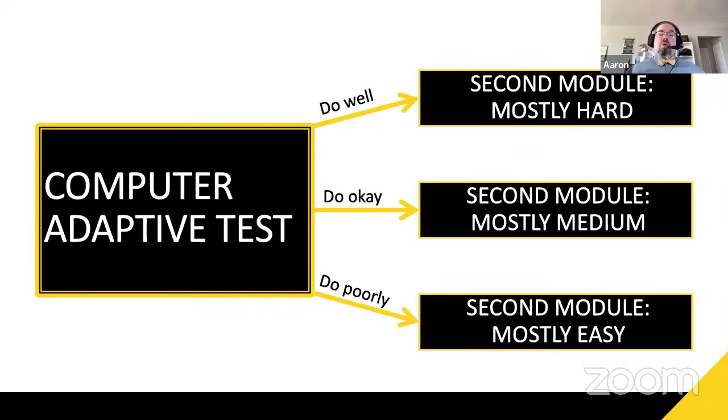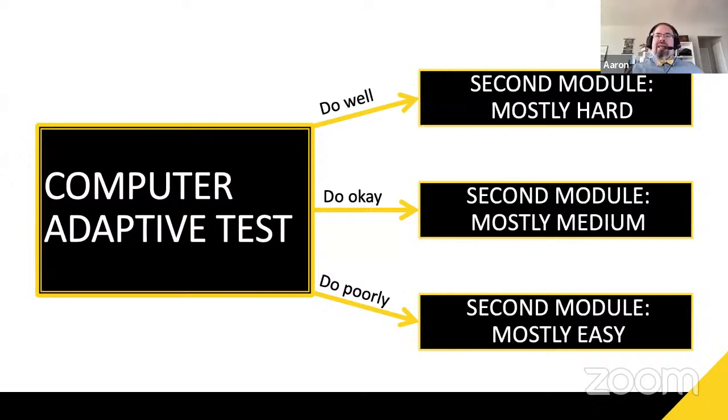Your score for a computer adaptive test is not purely based on the number of questions you get correct. And I want to repeat this because this is oftentimes a confusion among students. They think, oh, that's kind of unfair. If I do well in the first section, I get a harder section. I'm not going to get as many questions right, potentially.